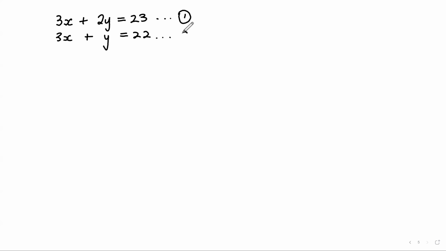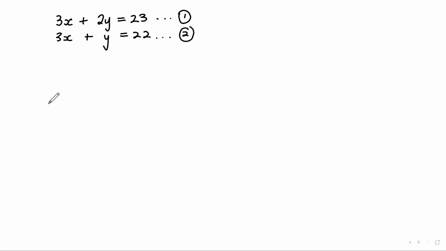So instead, let's say I have 3x plus 2y is equal to 23. Oh, sorry, I wrote down everything, yeah, 23. And then 3x plus y is equal to 22, right? So this is equation 1, and this is equation 2.